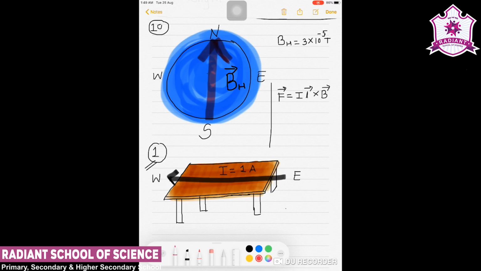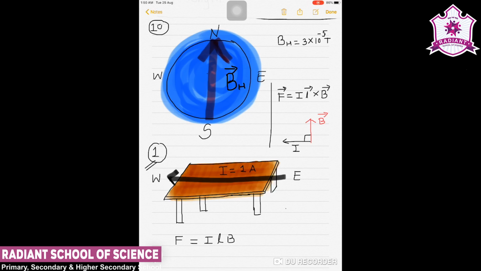Here it is clear that magnetic field B is in this direction, while current is flowing in this left-hand direction, and they have 90 degrees between them. So here theta will be 90, so the cross product will have the simple term, therefore F will be ILB.